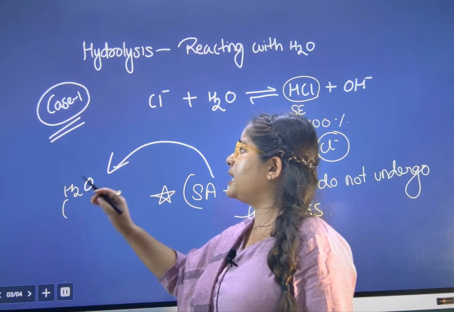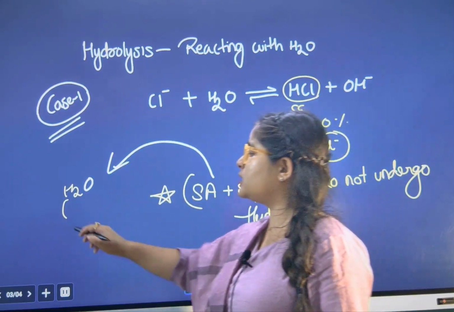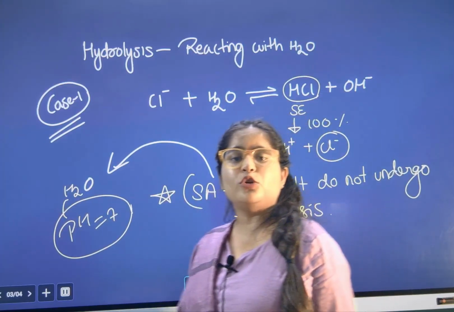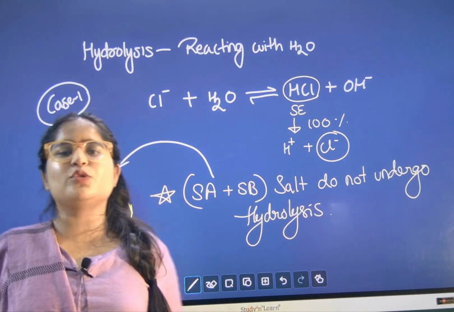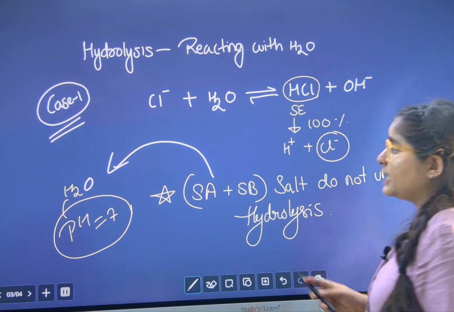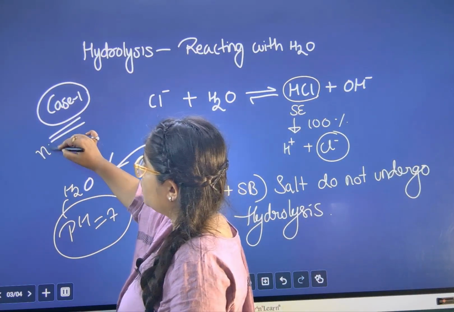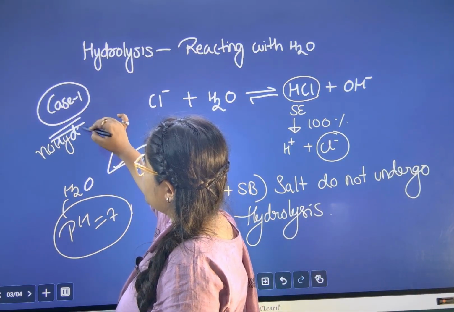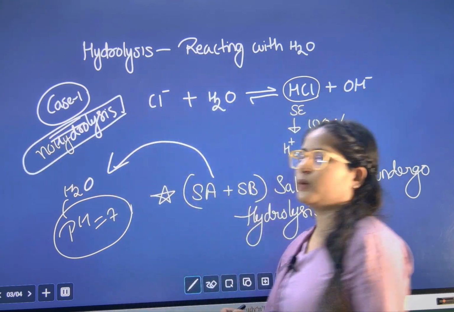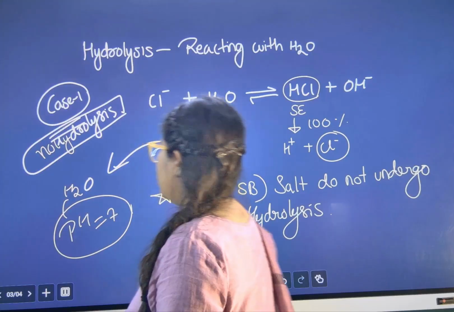So whenever you see a salt of strong acid and strong base, pH equals 7 and the solution will be neutral. Clear? Note it down fast. So we can also say this case 1 is the no hydrolysis case. Note down quickly.